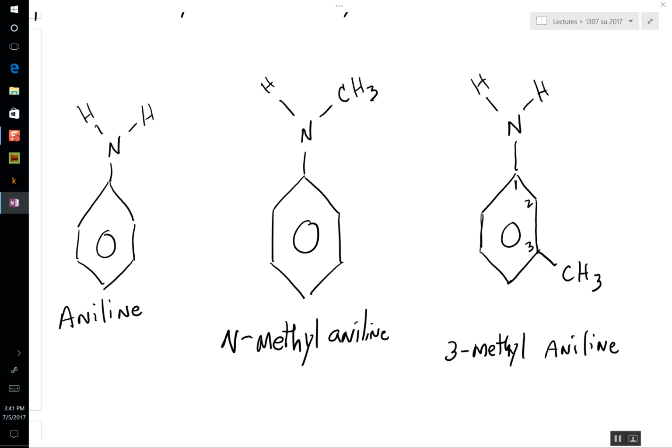If the group, the substituent, is on the nitrogen, then we don't use a number, we use a capital N. It needs to be a capital N, not a little n, capital N. N-methyl aniline, 3-methyl aniline, and aniline. Does that help a little bit?